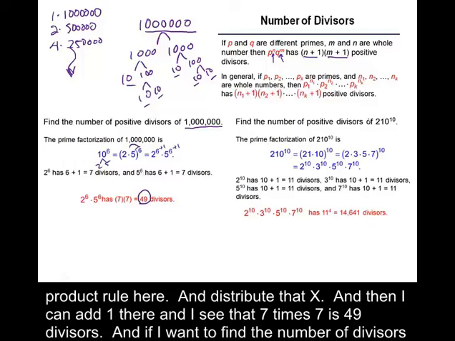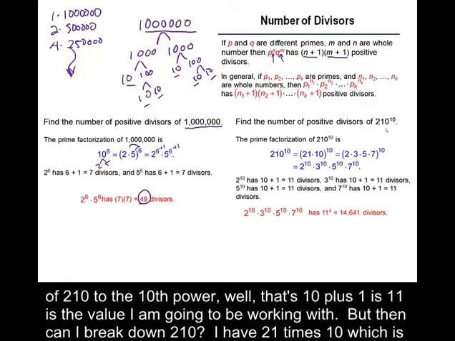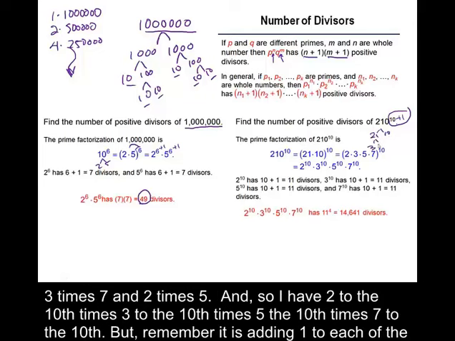And if I want to find the number of divisors of 210 to the 10th power, well, 10 plus 1 is 11, the value I'm going to be working with. But then can I break down 210? I have 21 times 10, which is 3 times 7 and 2 times 5. And so I have 2 to the 10th times 3 to the 10th times 5 to the 10th times 7 to the 10th.